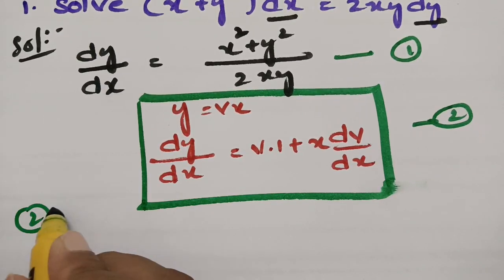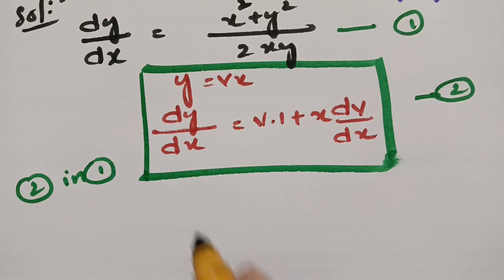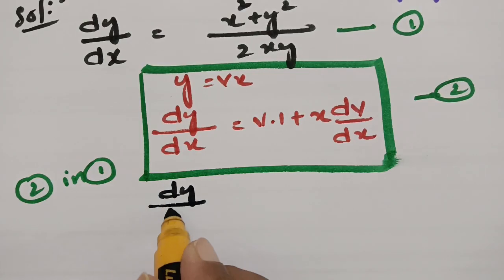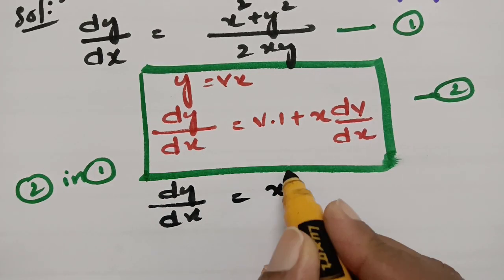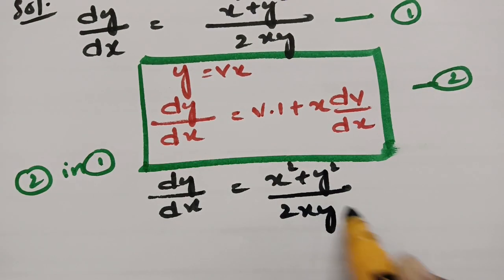Now substitute the value of dy by dx from equation 2 in equation 1. So dy by dx value will be (x square plus y square) by 2xy.